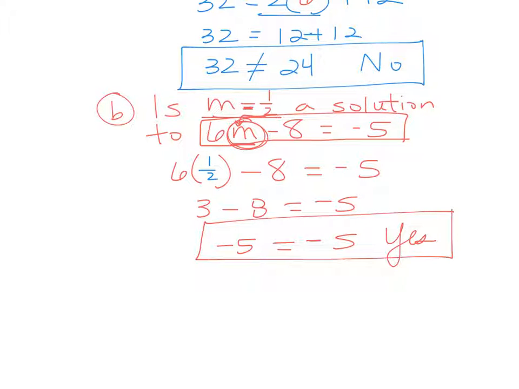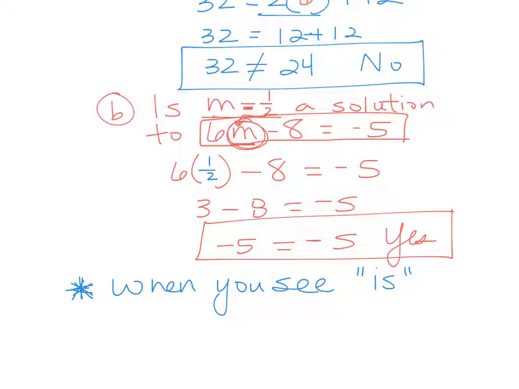But the last thing I want to touch on is this idea, because this is something that's going to show up throughout the year, and I want you to think the words that go with the symbols, okay? In math, when you see the word is, do you know what that should make you think of?